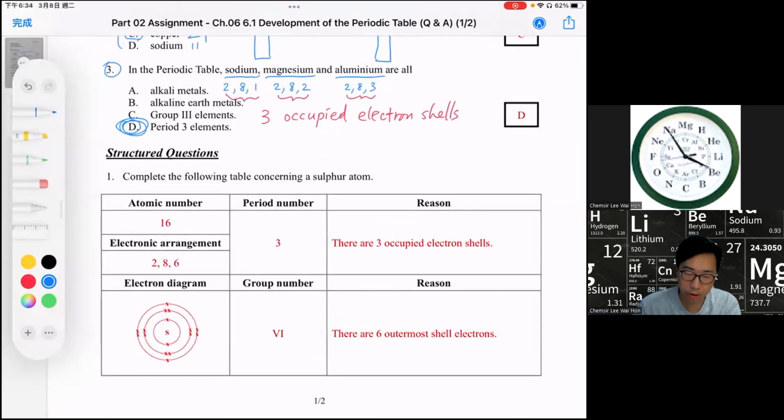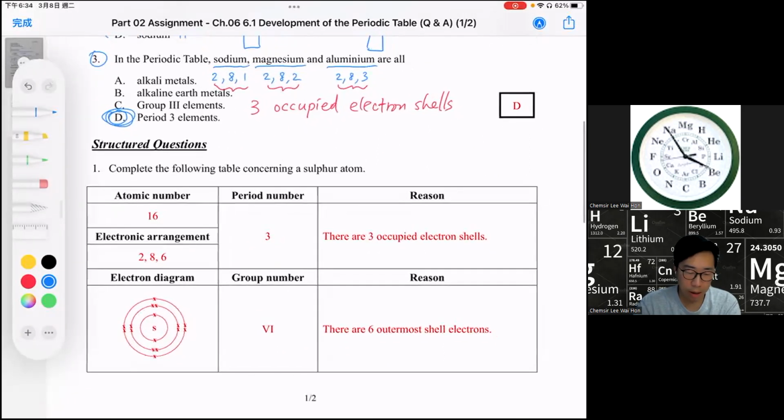Let's go on to structured question number 1. For a sulfur atom, if you have to fill in all the blanks for this question, you first of all must be able to recall that the atomic number of sulfur is 16.